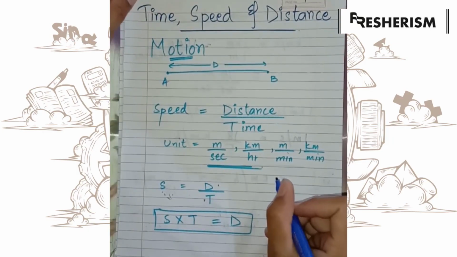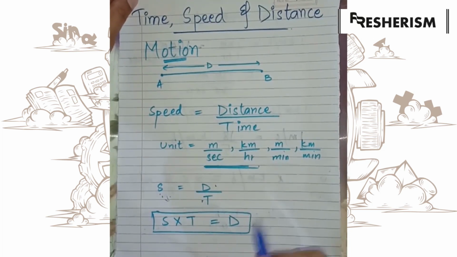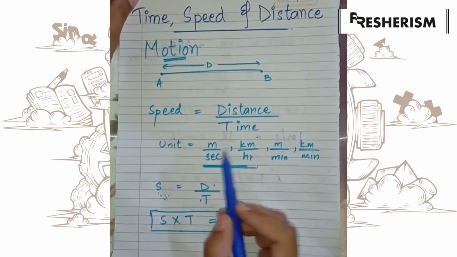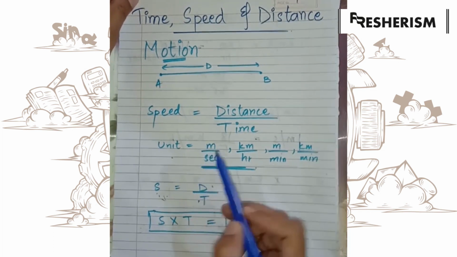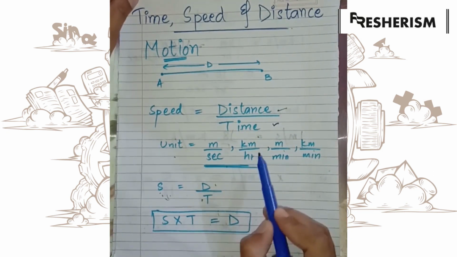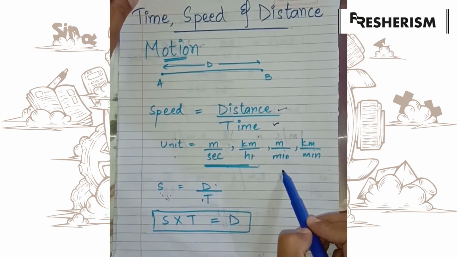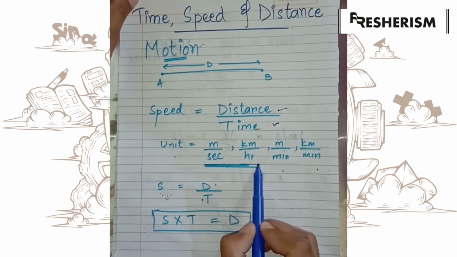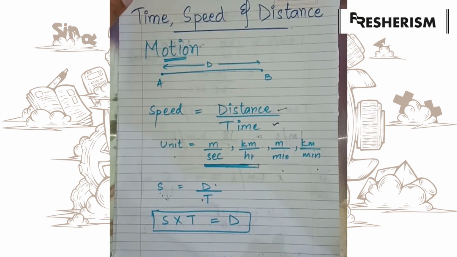So we can define speed as the rate of change of distance, that is distance divided by time, and its unit can be any combination of the units of distance and time, that is meter per second, kilometer per hour, meter per minute, kilometer per minute. But we use meter per second and kilometer per hour the most.